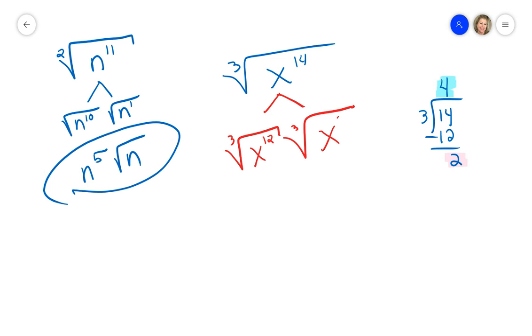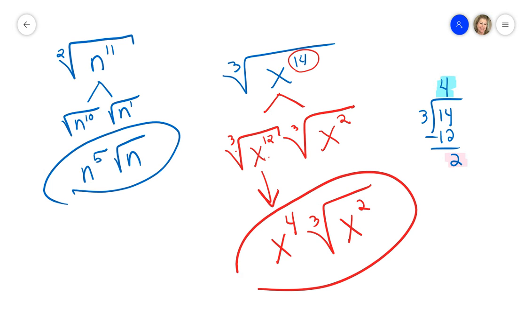And then I'd have 2 of them left over, because 12 and 2 adds up to the 14. And then the cubed root of x to the 12th becomes x to the 4th, and then you still have the cube root of an x squared. I hope that makes sense.